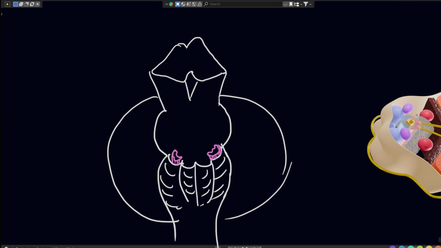Basically they are going from the inferior olivary nucleus to the cerebellum, right? Inferior olivary nucleus to cerebellum. Now from the cerebellum some fibers are going towards the red nucleus. So here is the red nucleus. Fibers are going from the cerebellum towards the red nucleus, right?